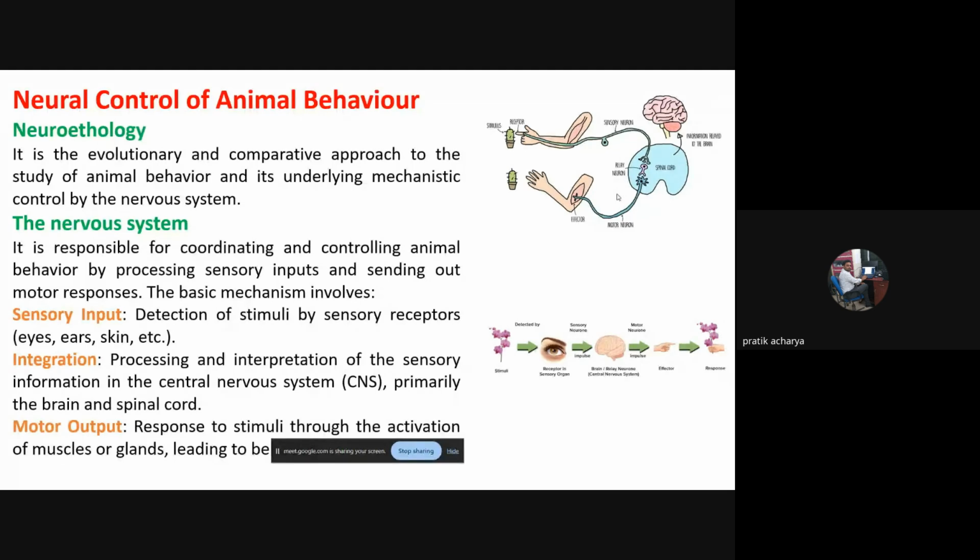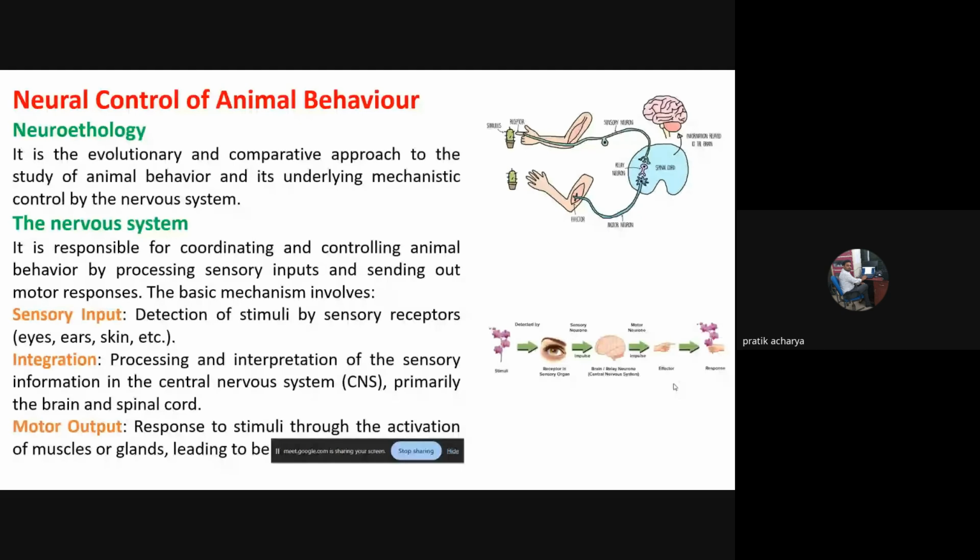And for this neural control, here one pictorial presentation is there. When we have certain beautiful flowers in front of us, we want to pluck the flower. That is the kind of behavior we are showing. A beautiful flower is there, meaning our eye receptor is receiving certain messages, and those messages are transferred to the spinal cord, then to the brain for processing and interpretation.